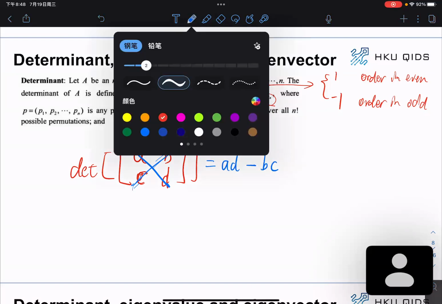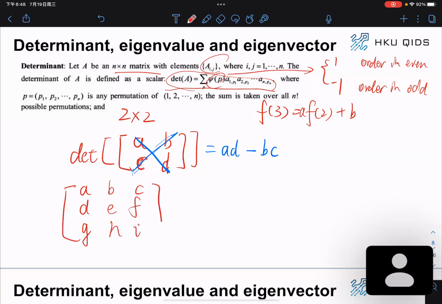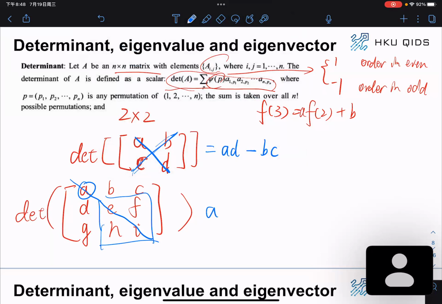And how about the third case? It's something like this. Do you still remember this recursion? If we have a 3 by 3 matrix A, B, C, D, E, F, G, H, I, then we first circle this one out. We first circle A, and we are going to go for this diagonal, right? And so we multiply this A with this submatrix, which is 2 multiplied by 2, and we apply the same method.